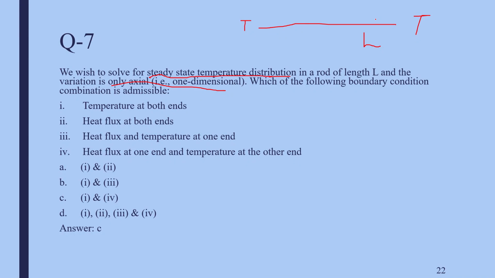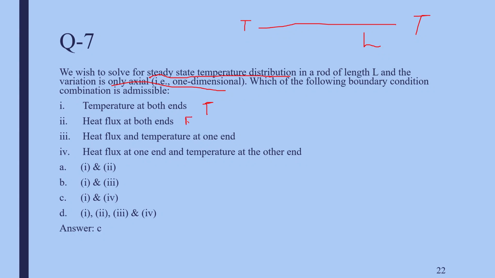And next is heat flux at both the ends. Heat flux is like d square T by dx square at both the ends. If it is given at both the ends, it is not possible to solve. Like if both are derivatives, we cannot use that as a boundary condition to solve. So statement 1 is a true statement, and statement 2 is false.